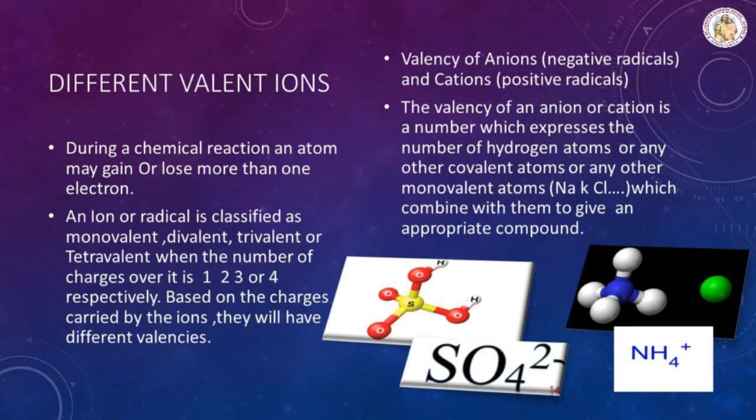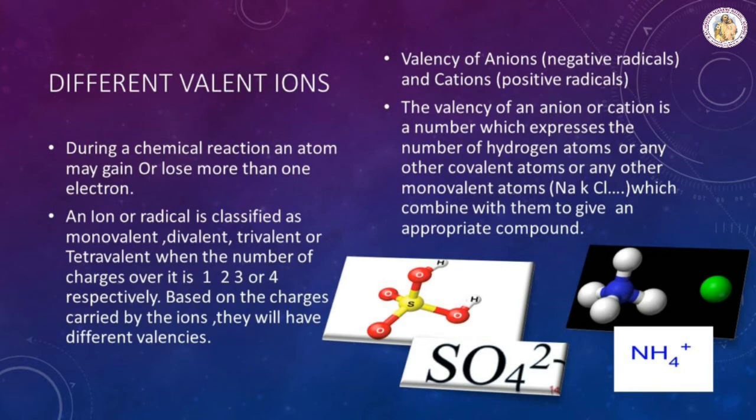If the ion carries one charge, it is monovalent. If the ion carries two charges, it is divalent. If the ion carries 3, it is trivalent. If the ion carries 4, it is tetravalent. Based on the charges carried by the ions, they will have different valencies.